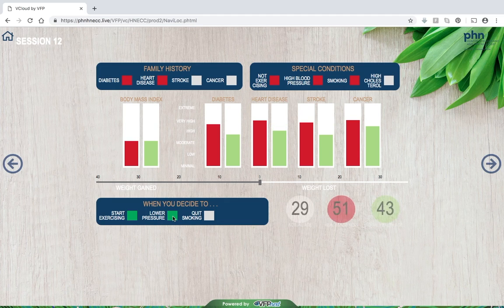We can have that discussion around even lowering their blood pressure even further, and if they haven't already quit smoking, how this impacts their actual health age, and then we can use this again as a motivational tool to lose some extra weight between week 12 and their 6-month follow-up to show a representation of their risk of developing those chronic diseases.